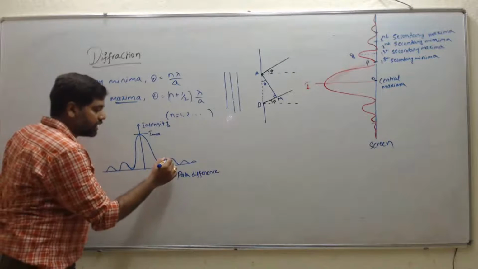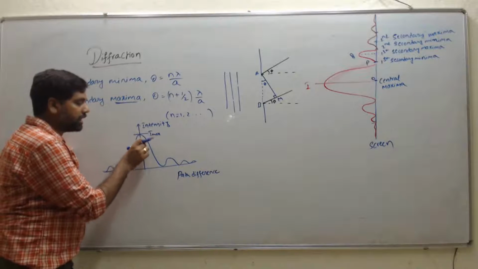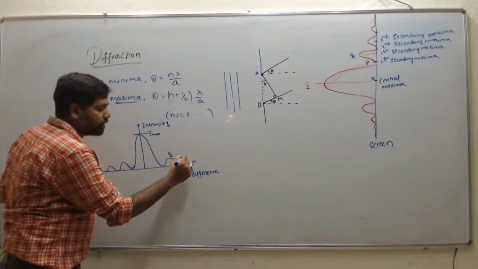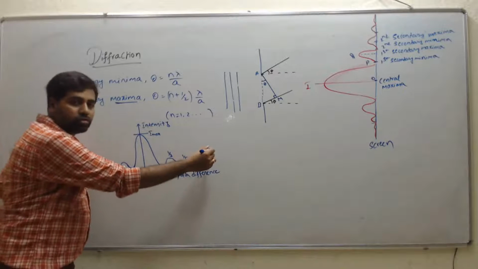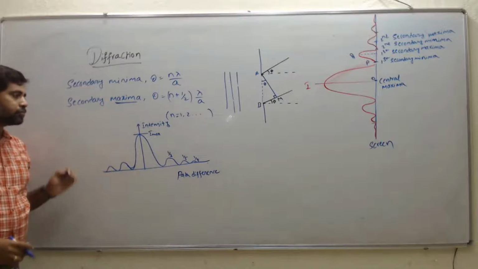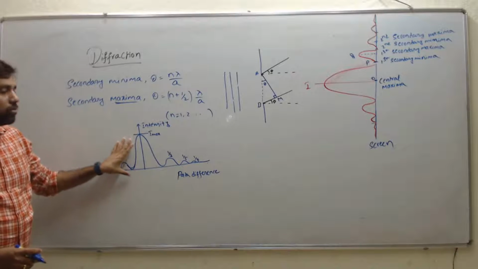Then here the intensity is less compared to that of the bright fringe, that is the intensity maximum. Here we get only 1/3, and here we get 1/5, and here we get 1/7. As it goes on, then we get 0, right? So this is the intensity distribution curve.